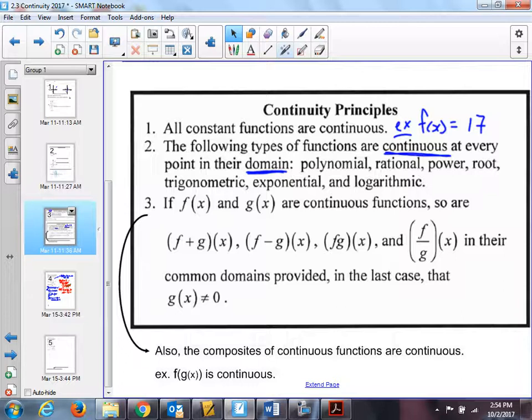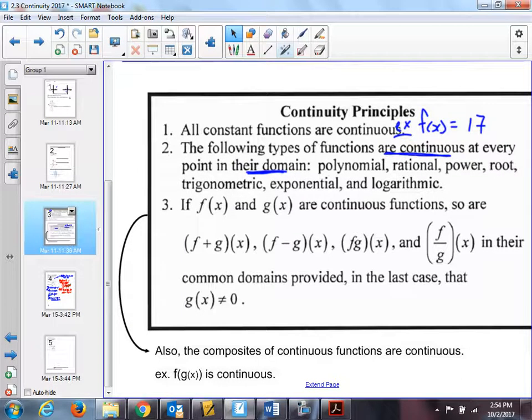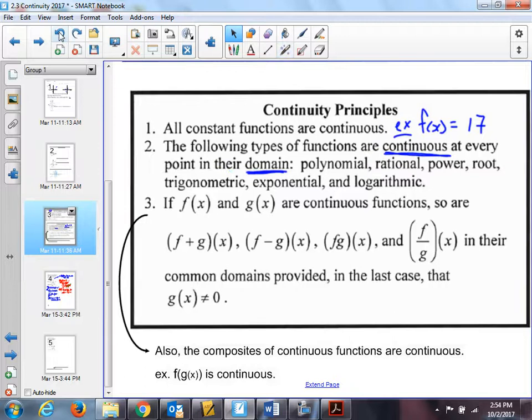Most examples of non-continuous functions that you had before were rationals. Come back to that. Power functions, that's just x to the 4. Roots, square root of x, square root of x minus 2, cube root, etc. Trig functions in their domain. I could think of some that aren't continuous, but it's the word in their domain, and I'll show you with a rational. Exponential functions, logarithmic functions.